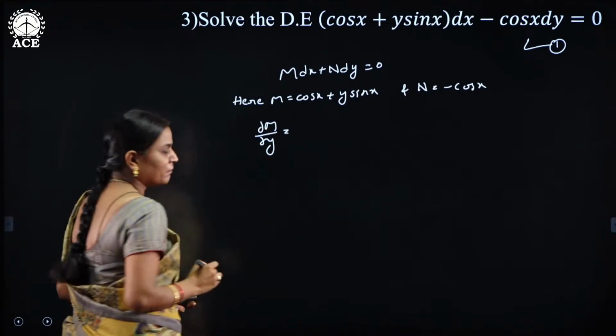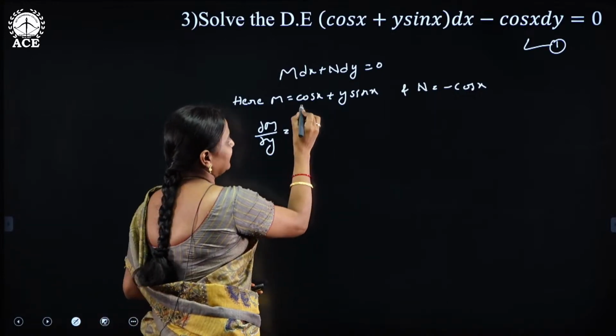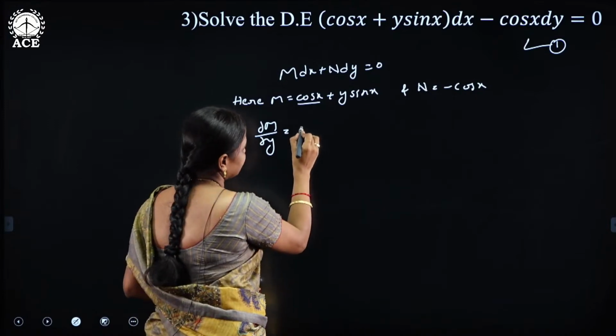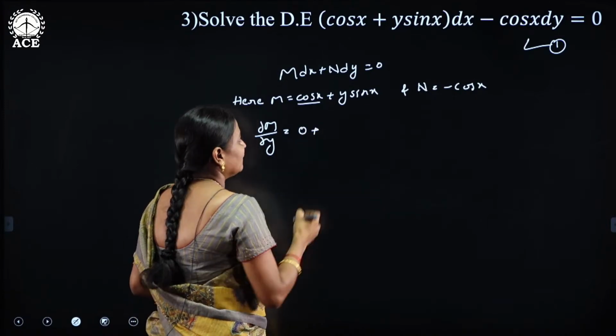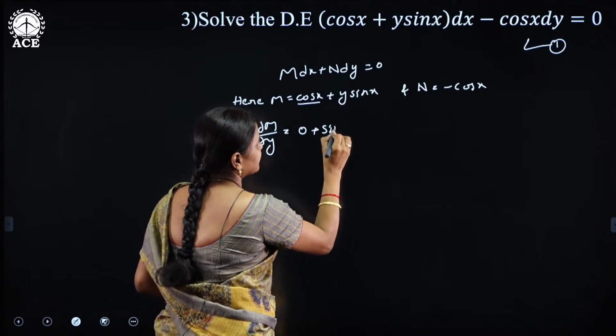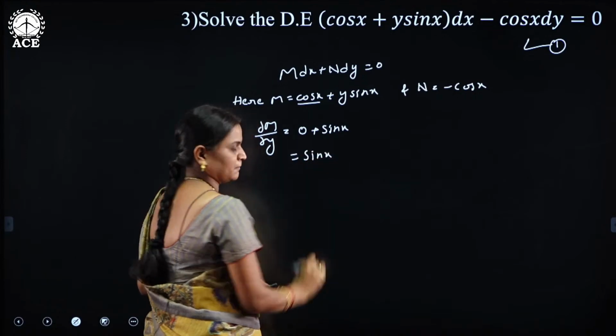So what is dou M by dou y? Here differentiation is performed with respect to y, so cos x is the constant. Differentiation of a constant is 0 plus differentiation of y is 1. Now its coefficient is sin x. So dou M by dou y is equal to sin x.